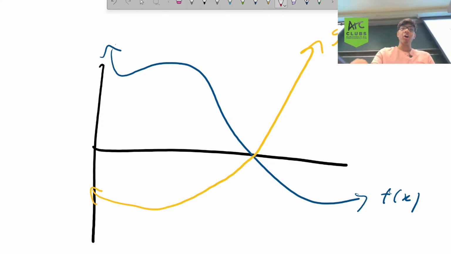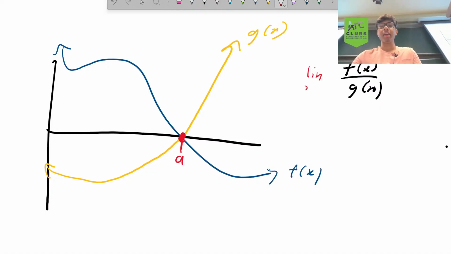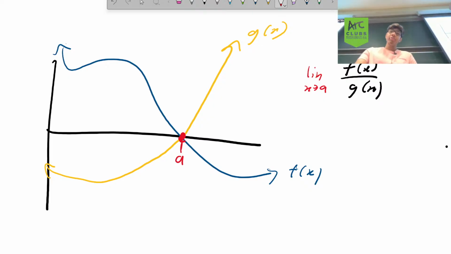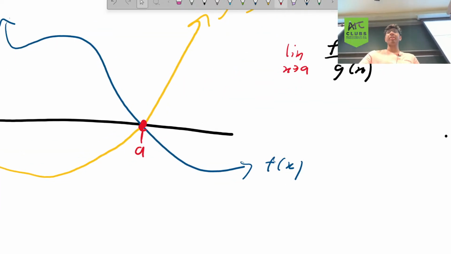And I really want to home in on this point right here. I'm specifically looking at f of x on g of x, and I want to look at this point, let's call this a. So I want to look at as x tends towards a. Well, I don't really know. Right here, like I said earlier, I can't plug this in. If I try and plug it in, I get 0 on 0.